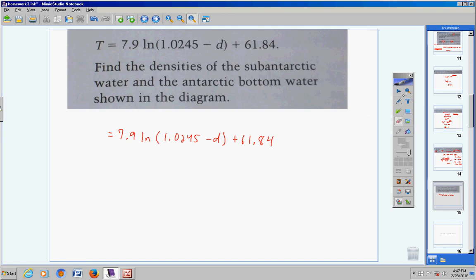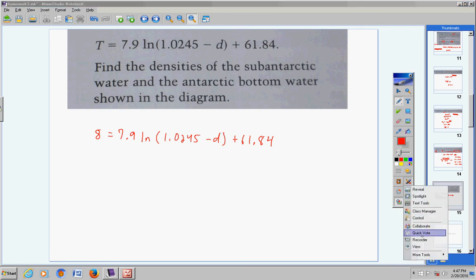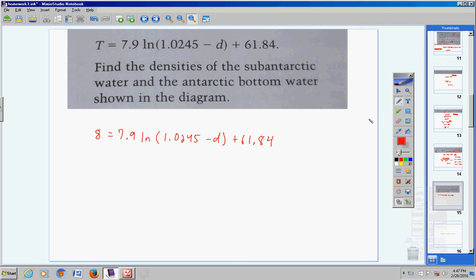And now look what I have, students. I have a logarithmic equation because I have an unknown right here in the argument. So students, if I have a logarithmic equation, then I know the first thing I have to do is isolate the logarithm. So here's the logarithm, here's the argument. Everything else has to go.